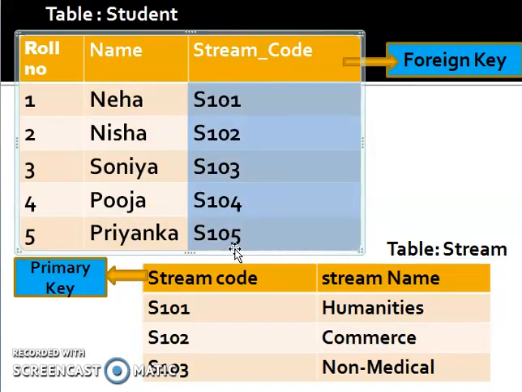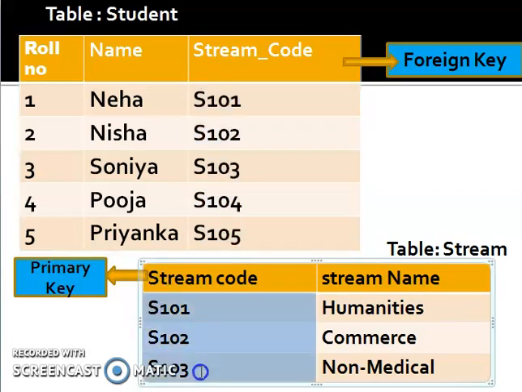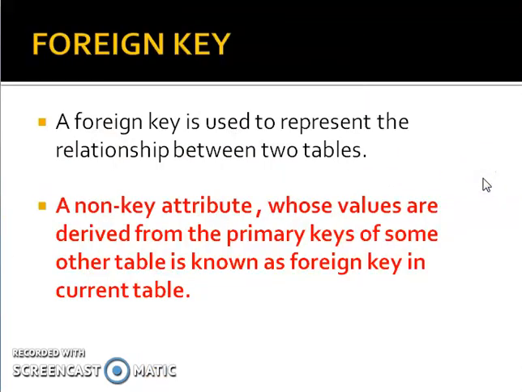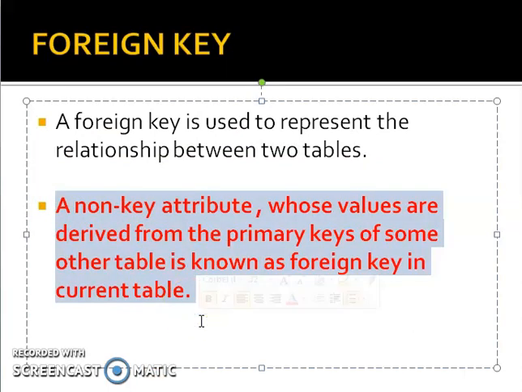Here the stream code is the primary key in the stream table, but it is a foreign key in the student table, that is, the current table. So the definition of a foreign key is that the non-key attribute whose values are derived from the primary key of some other table is known as a foreign key in the current table.